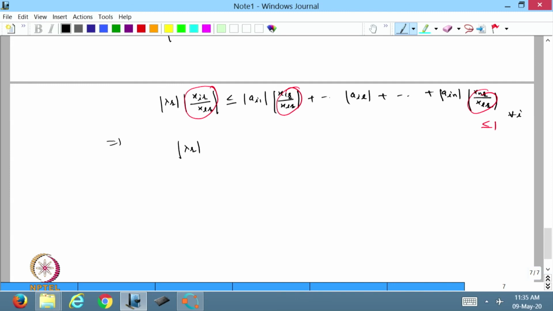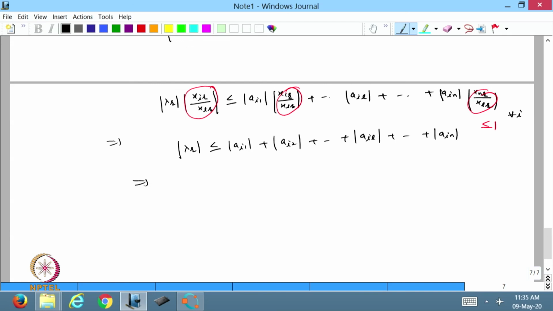Now, from here I can write that this can be written as a_I2, a_IL, up to a_In.